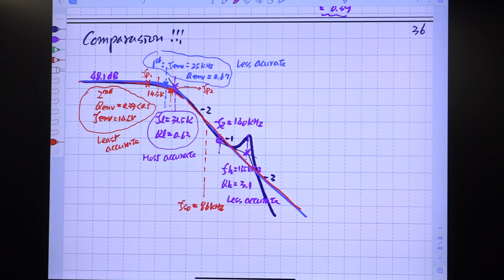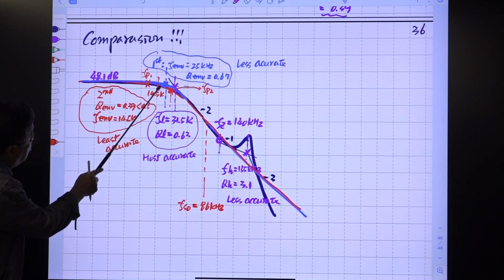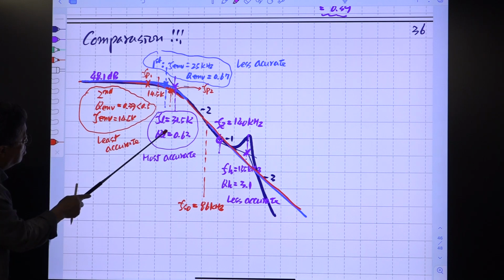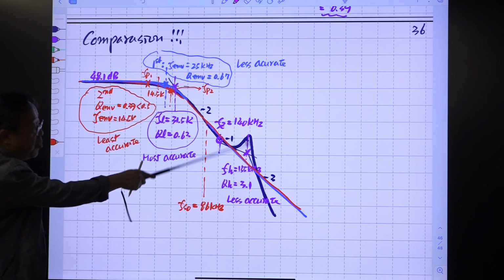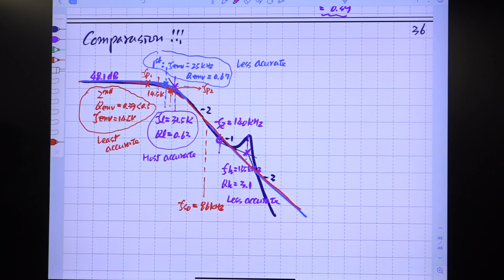This is the final result of the analysis. The exact analysis with 4 poles. We have a transfer function like this. You have the first double pole here. Q is relatively small. Okay, and we have another pole. Okay, we have 2 quadratic forms.